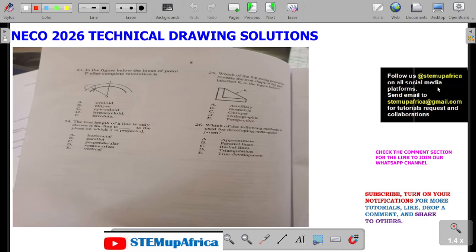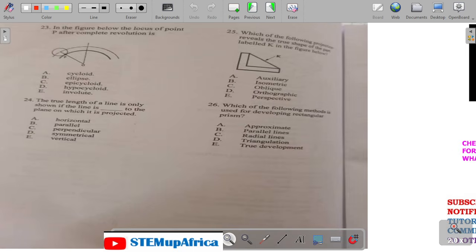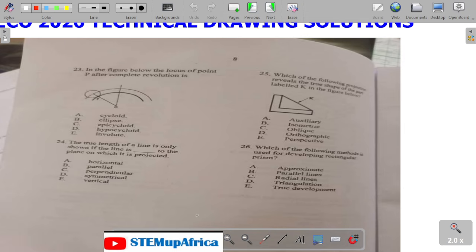So let's go to 23. You say in the figure, the locus B forms this. The center is epicycloid, C. It says the true length of a line is shown if the line is parallel.